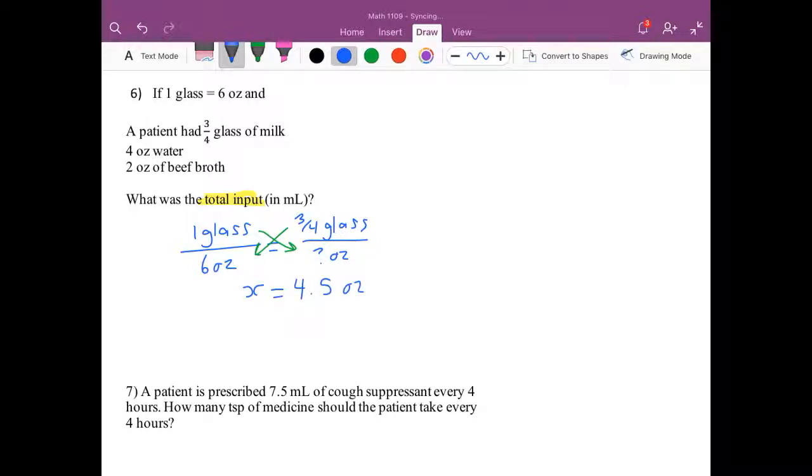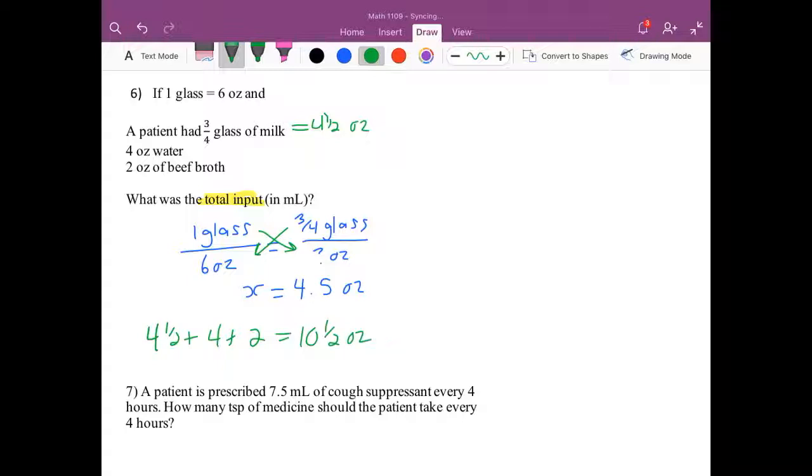So 4.5 ounces is how much milk. Okay, so now I'm going to add those together. So I get 4.5 plus 4 plus 2 is 10.5 ounces altogether.